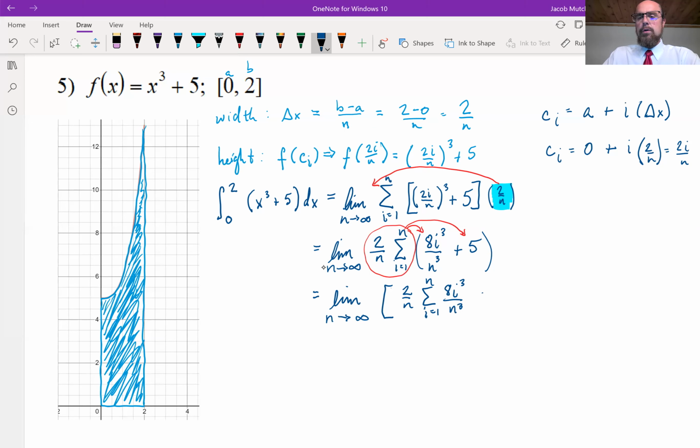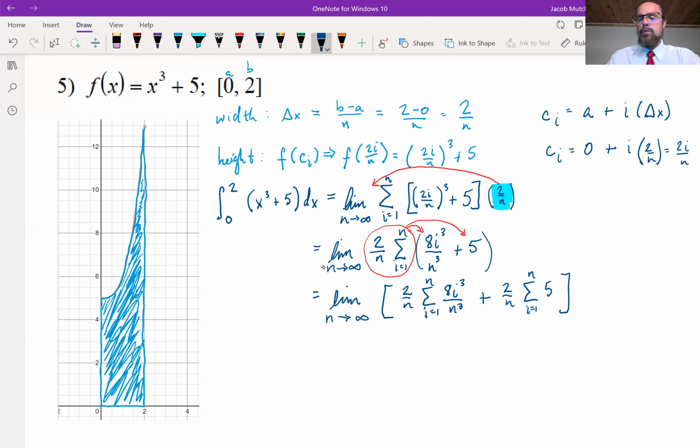And then we'll also have another term here, plus delta x, which is 2 over n, times the summation from i equals 1 to n of 5. So what we've done there is distributed the summation to each of the terms within the height expression.